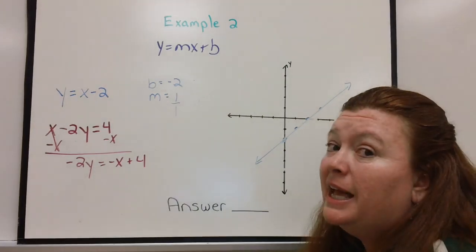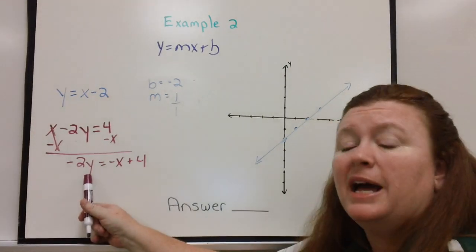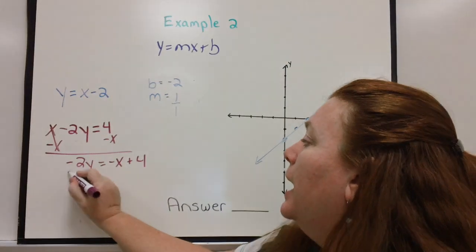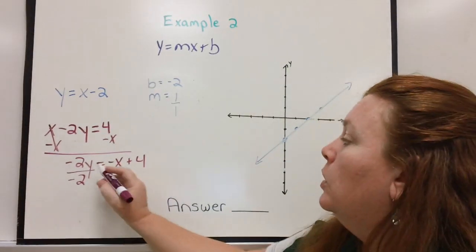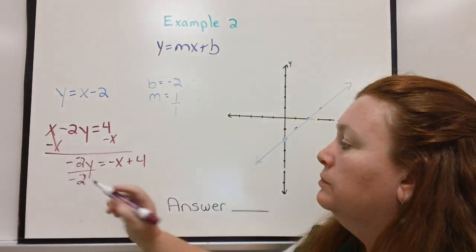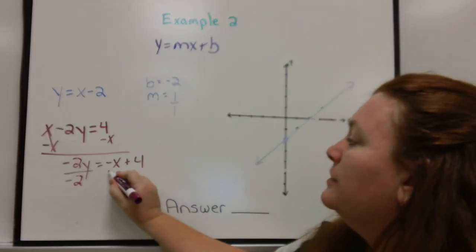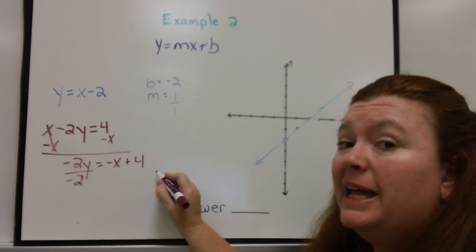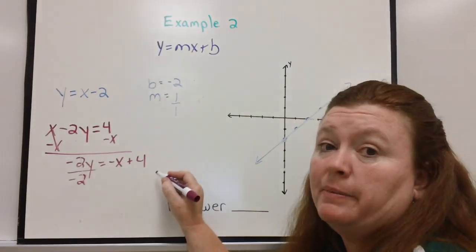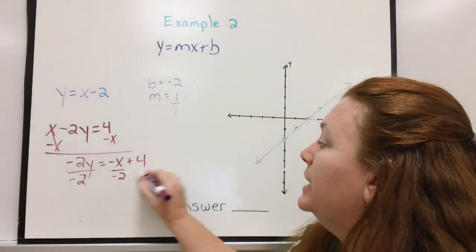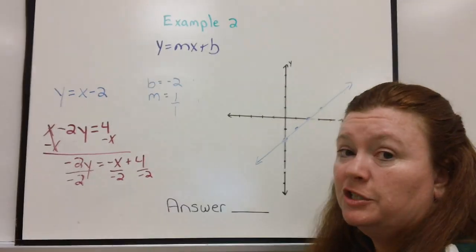Now, I'm not done yet because I don't have y equals. I have negative 2y. I need to divide both sides by negative 2. When I divide this side by negative 2, they'll cancel out. When I divide this whole side by negative 2, the negative 2 distributes to both, so they both get divided individually by negative 2.